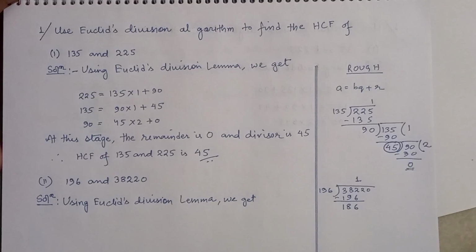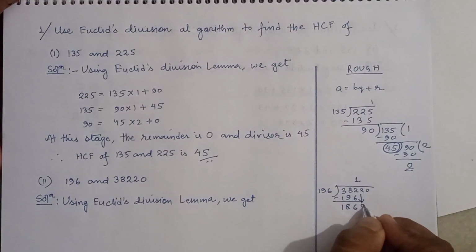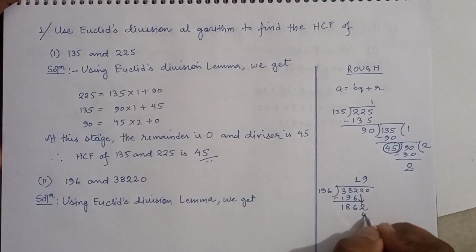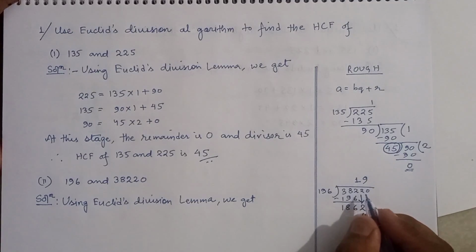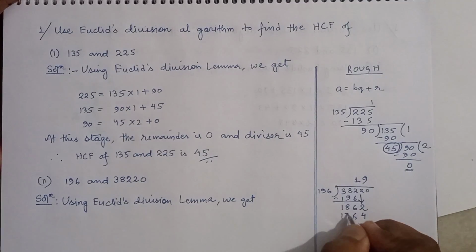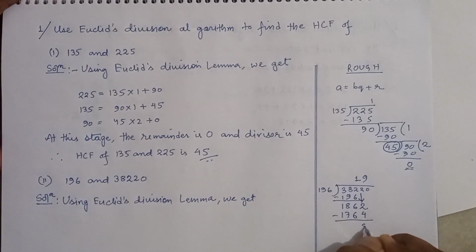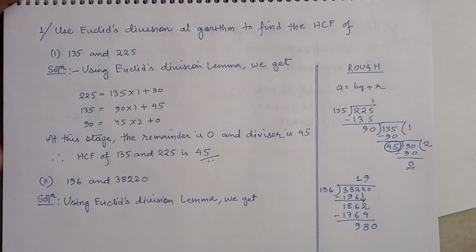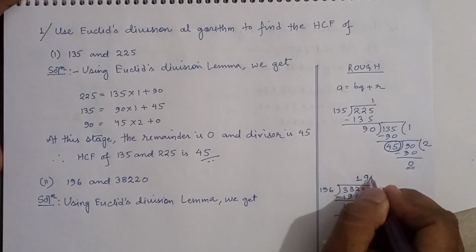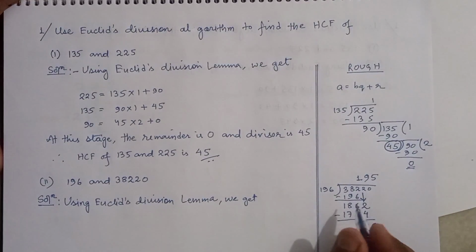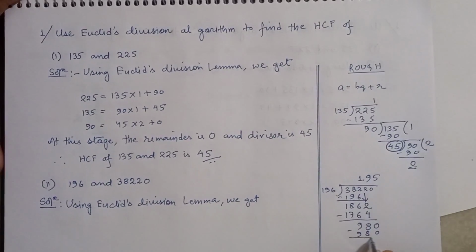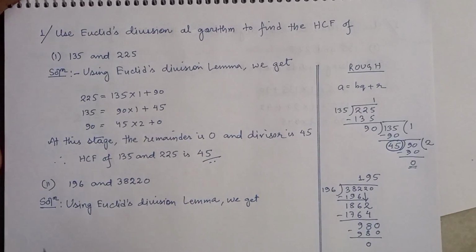So the remainder is 186. We'll drop down the 2. Let's check with 9. Let's try with 5. So the remainder is 0.